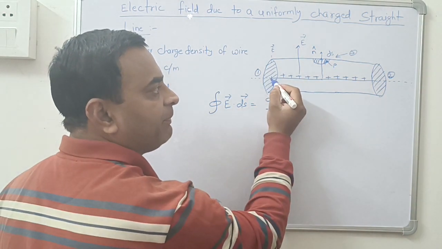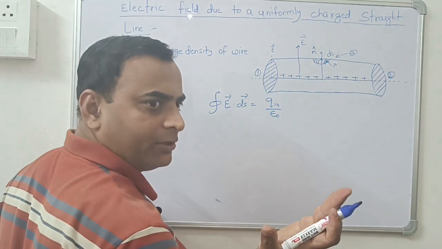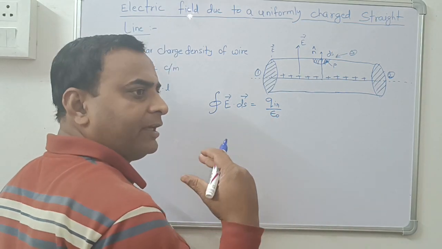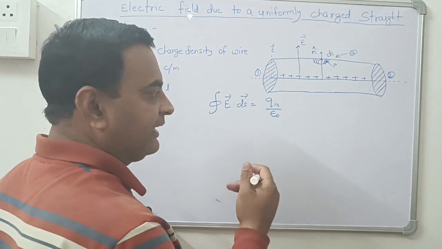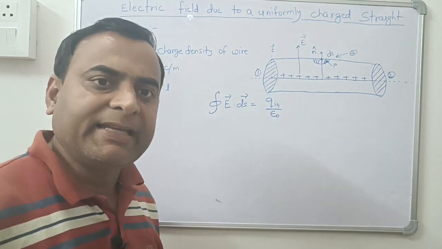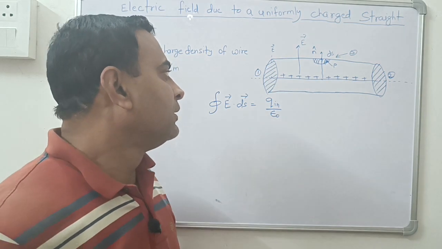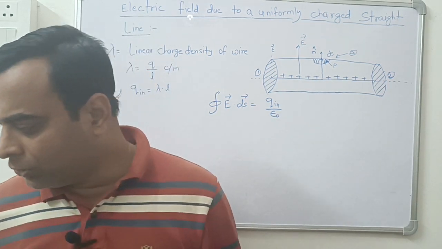The area vector will be perpendicular to this surface. You already know that for any plane surface like this one, the area vector is always perpendicular to the surface.